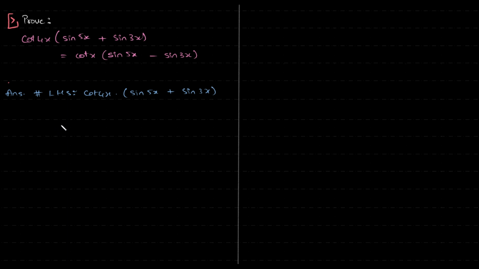So next thing is we have sine A plus sine B, right? Clearly. So what is sine A plus sine B? Think of it. Correct, 2 times of sine of (A plus B) by 2 into cos of (A minus B) by 2.